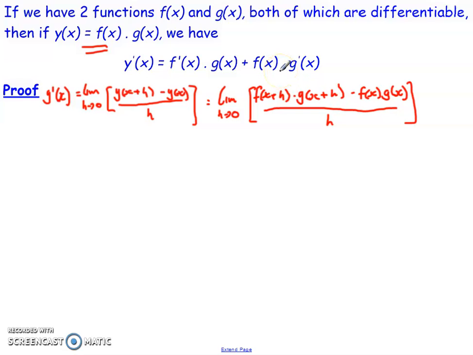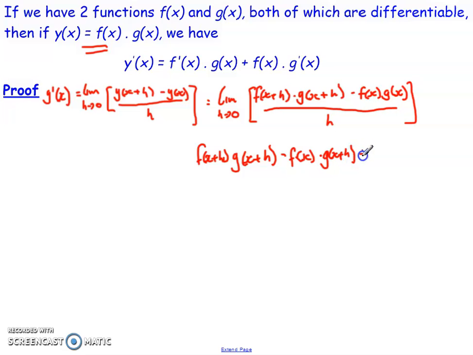Well, here is a cheeky wee step that becomes apparent as to why we do it a little bit later on. What we're going to do is add and subtract f of x times g of x plus h. So I'm going to rewrite this top line as f of x plus h, g of x plus h, and I'm going to take away f of x times g of x plus h.